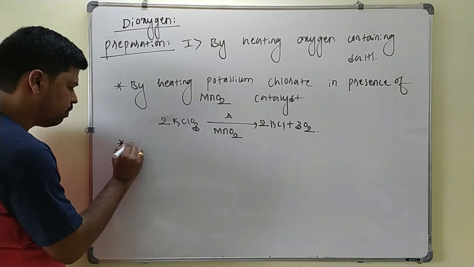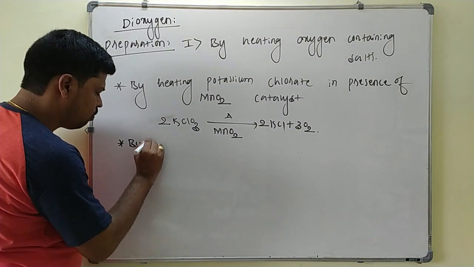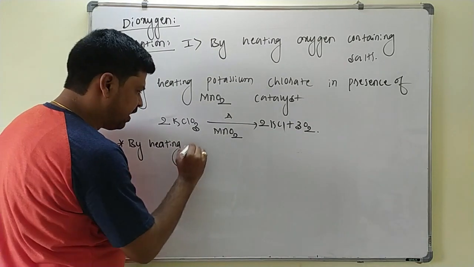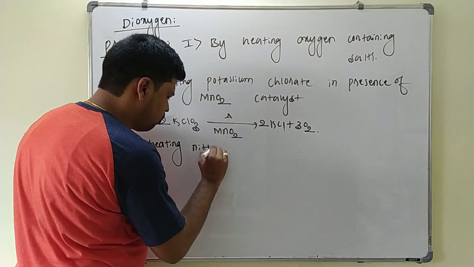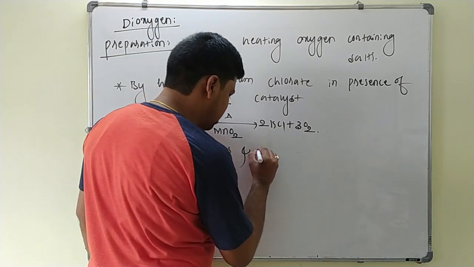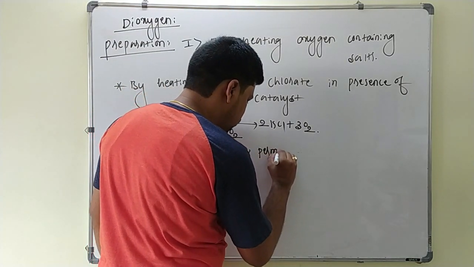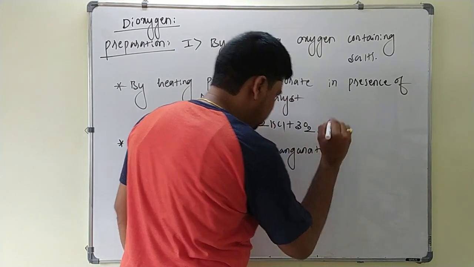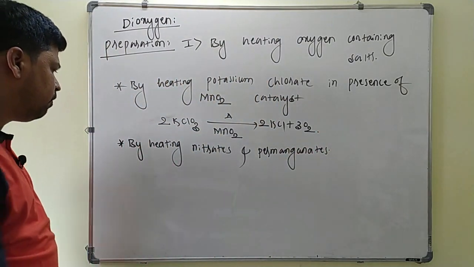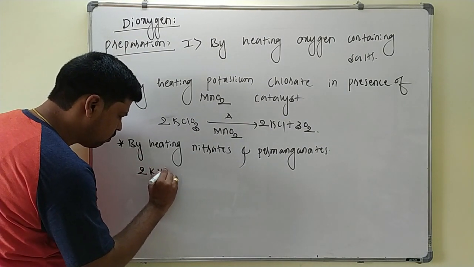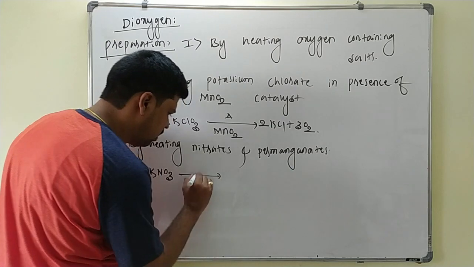Next point, by heating nitrates and permanganates. First one I will take potassium nitrate, 2 times KNO3.